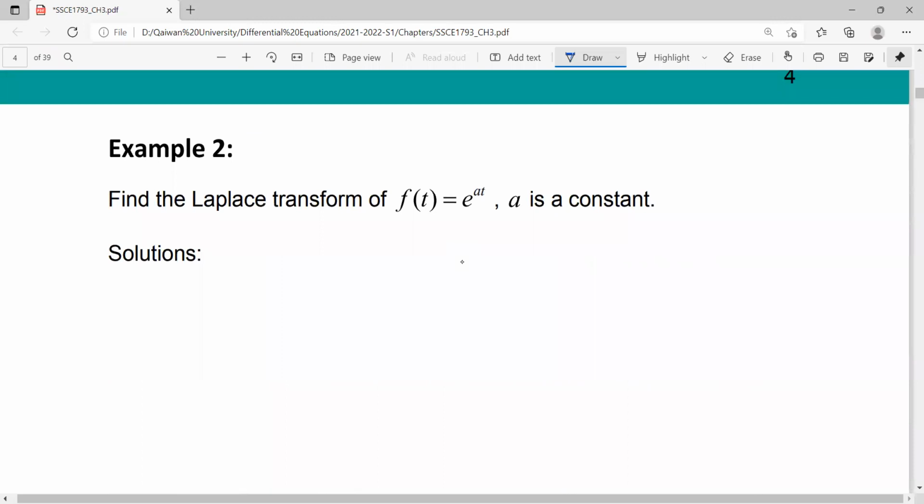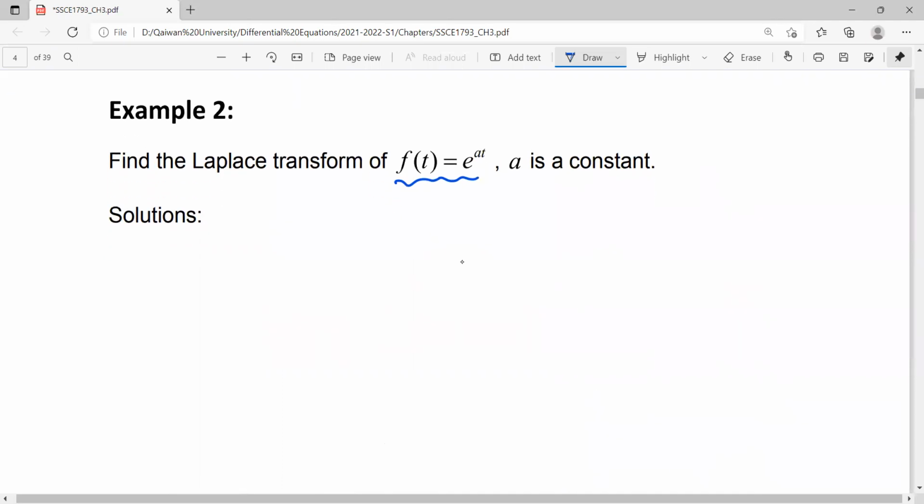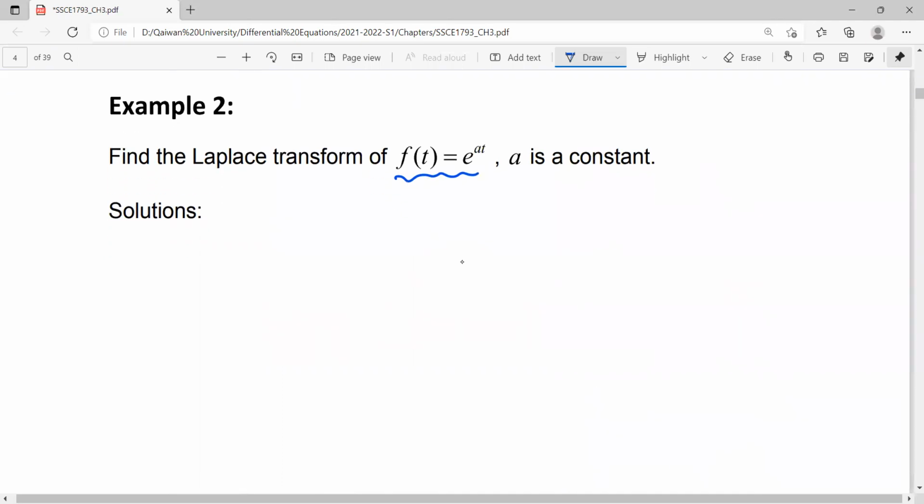Here we have another example. It says, find the Laplace transform of this function. The function is e to the power at. Here, a is a constant. To find the Laplace transform of e to the power at, we say the Laplace transform of f of t equals the integration from 0 to infinity of e to the power minus st, multiplying by the function f of t dt.